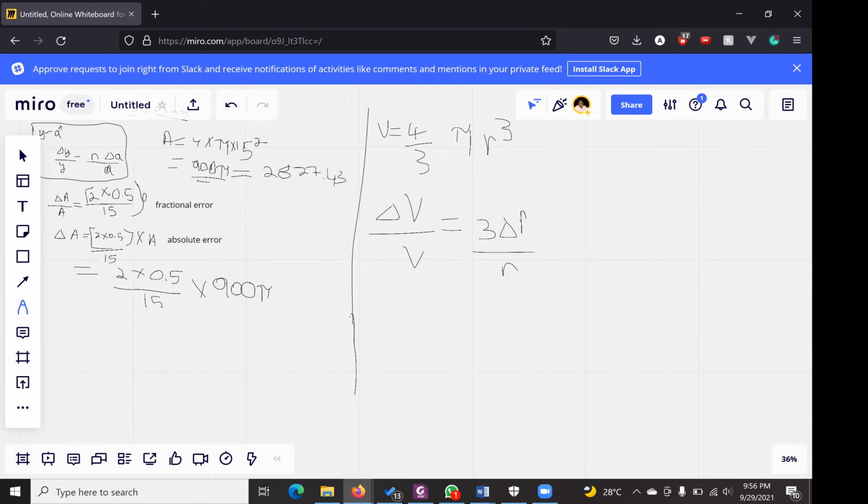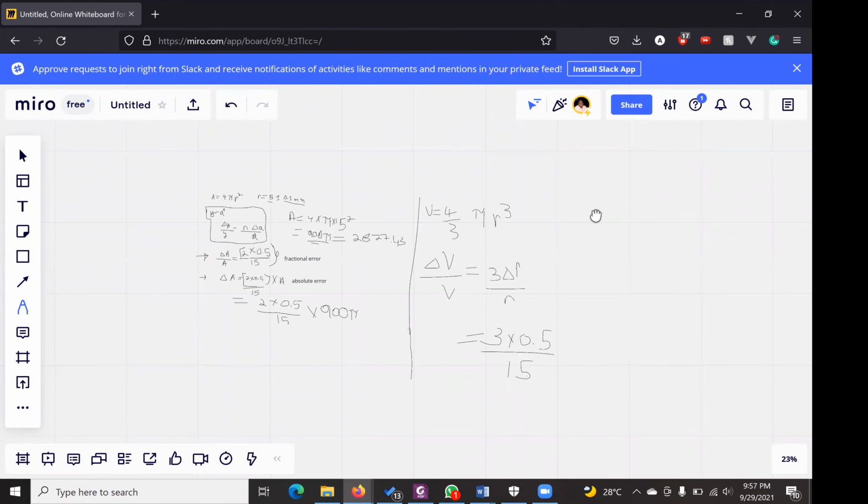You're good? Yes. I agree. Because it's raised to the power, you're going to put that before the delta r. Yeah. So we're getting 3 times, what was that r error? And this will give us your fractional error.